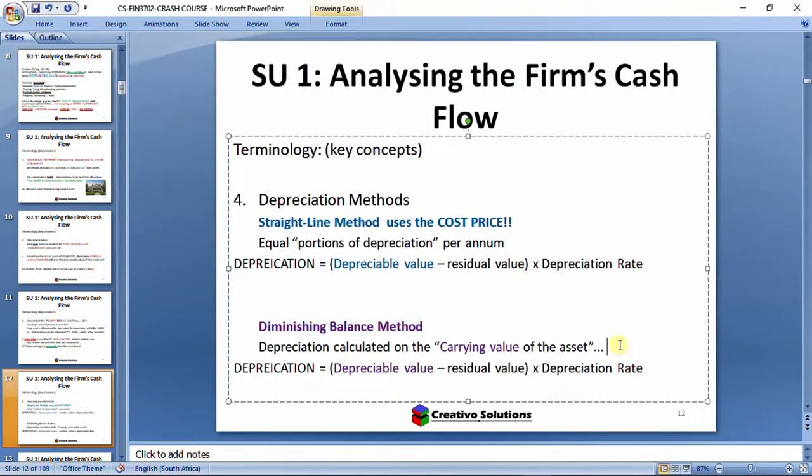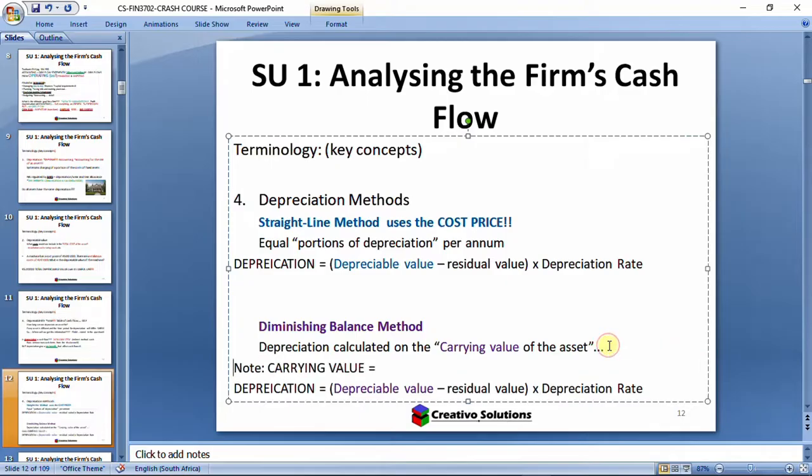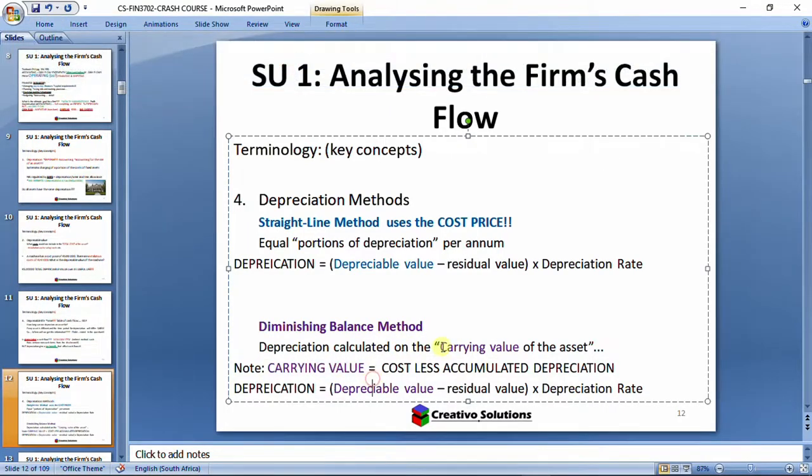And just a little note, carrying value is calculated using cost minus accumulated depreciation. So just remember, when you have diminishing balance, I need to use carrying value as the depreciable value.